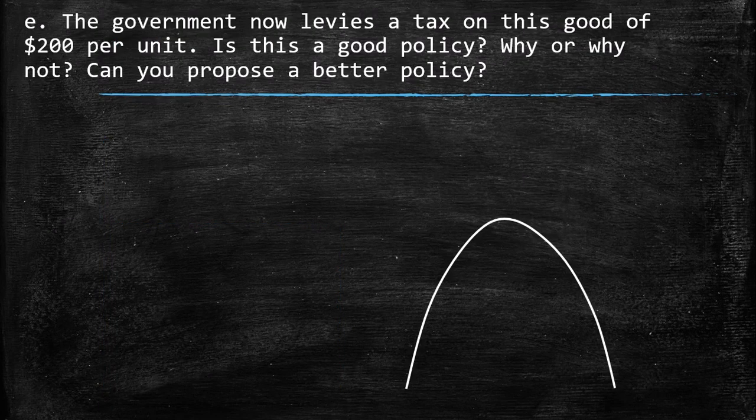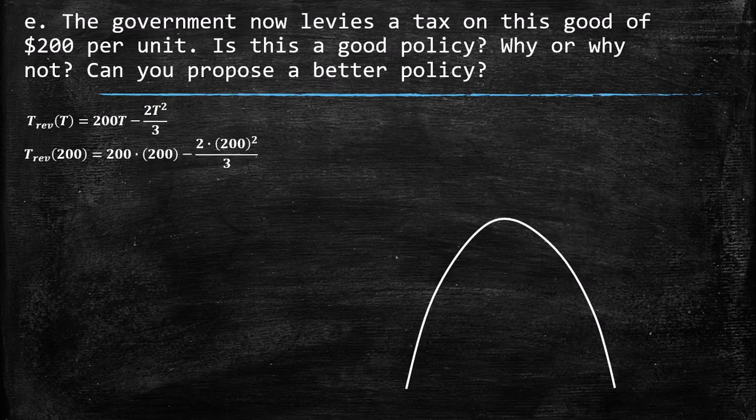Okay, so the last question. The government now levies a tax on this good of 200 per unit. Is it a good policy? Why or why not? Can you propose a better policy? So here, remember, this is the function which gives the relationship between the taxes and the tax revenue. And instead of t, we're going to plug in 200.